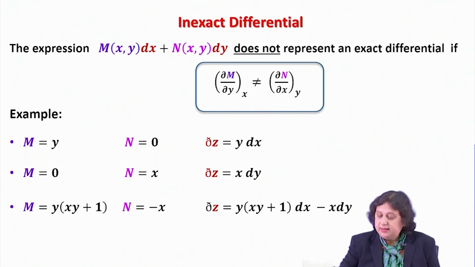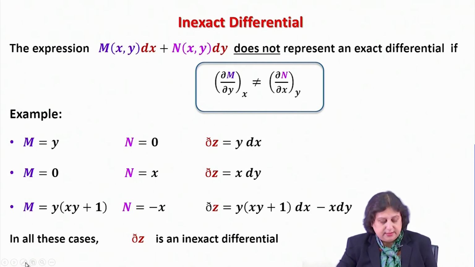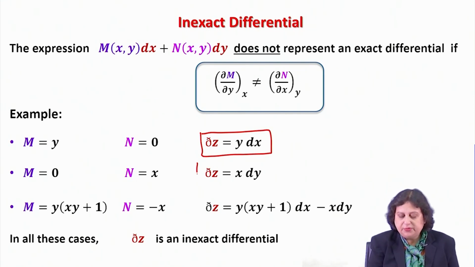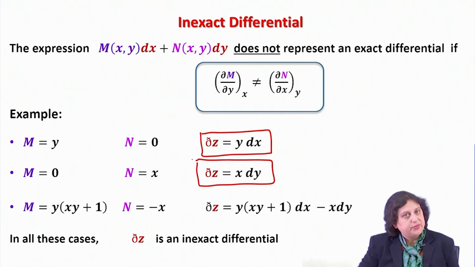And once again, therefore, I will say that in all these cases that I have highlighted over here, these are inexact differentials. So I would like you to remember the forms of these two inexact differentials for the purpose of the rest of my discussion.